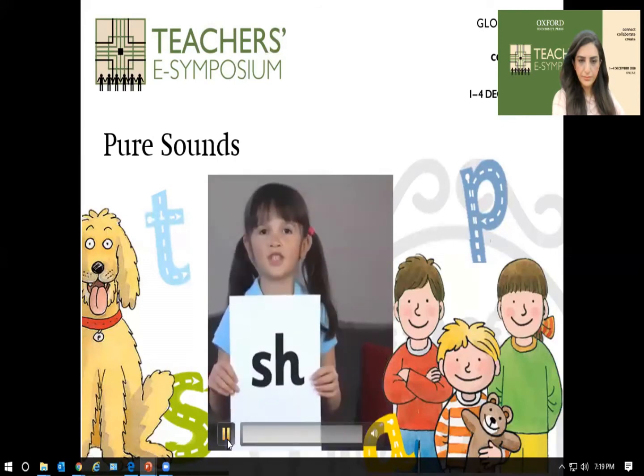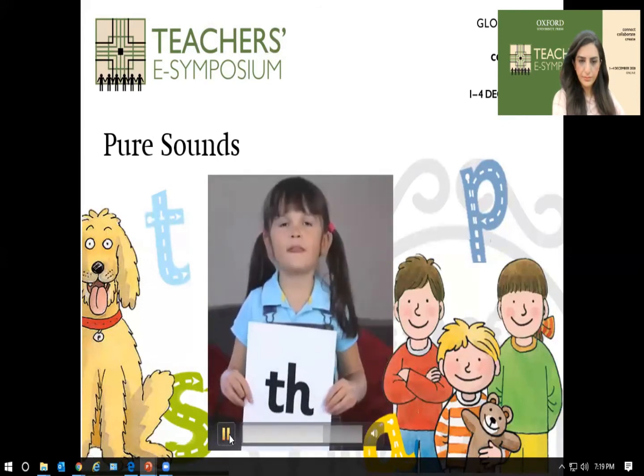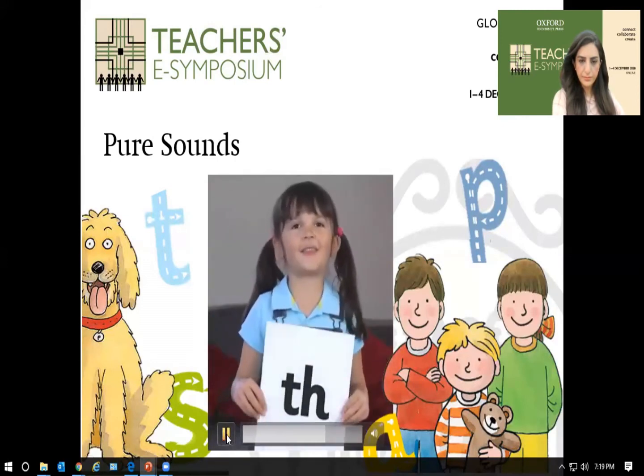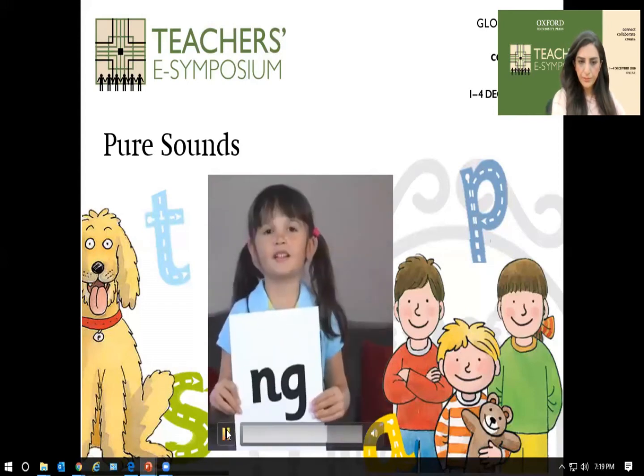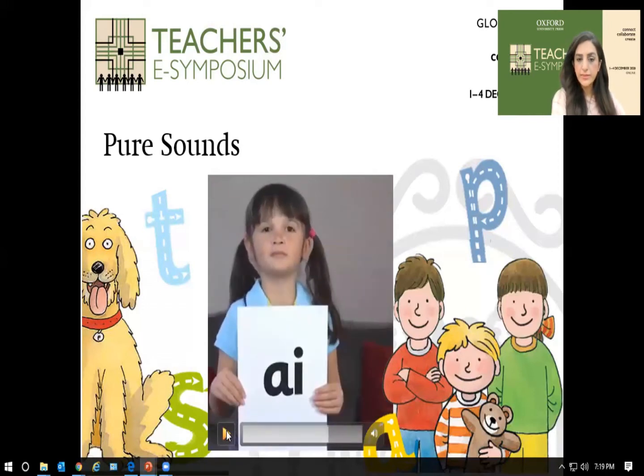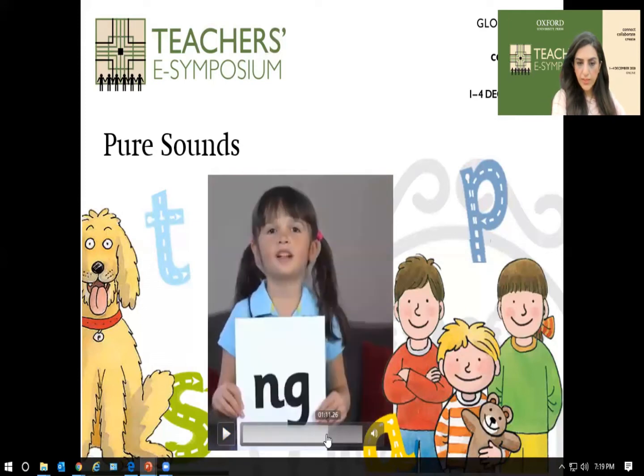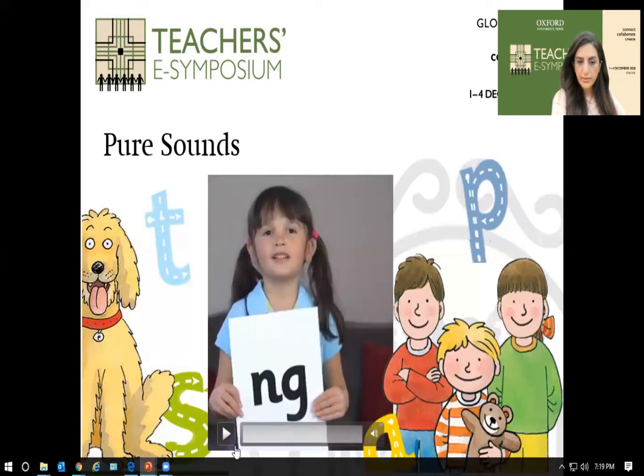Sh. Sh. Mm. So these two variations need to be taught. The first is unvoiced, and the second is there's a slight vibration. Mm. And this is the sound. So there's no G at the end. It's a nasal sound.